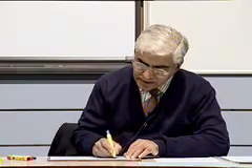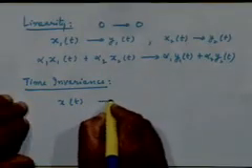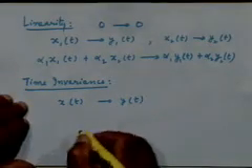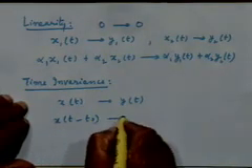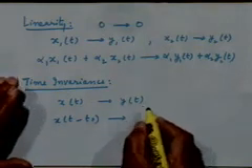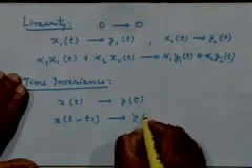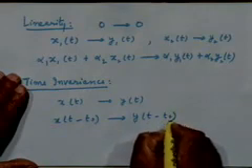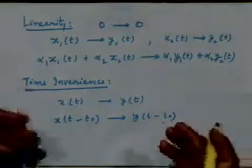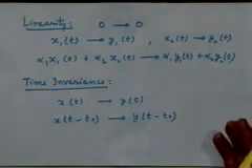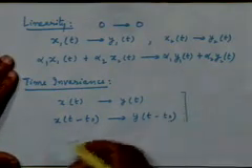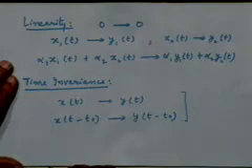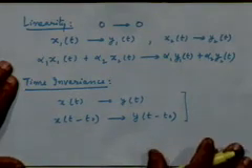So if x(t) produces an output y(t), and if I delay the input by t naught seconds, the response does not change in nature. All that happens is that the response is correspondingly delayed. In other words, until the input comes, the system does not respond, or the system responds only with a corresponding delay in the output.